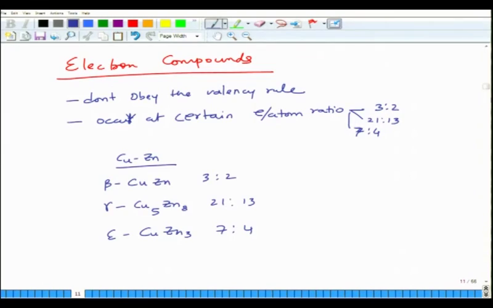So, what we have looked at is various types of compounds, line compounds, electron compounds, solid solutions, how they follow Hume-Rothery's rules and why solid solutions form and what the guidelines are.